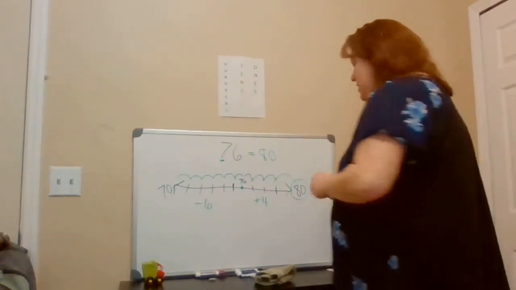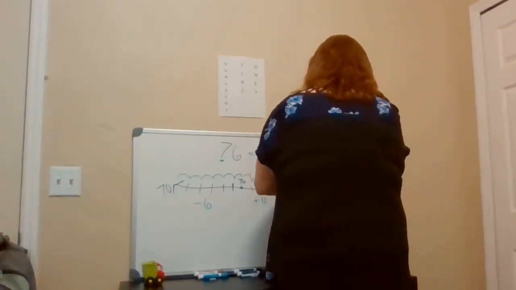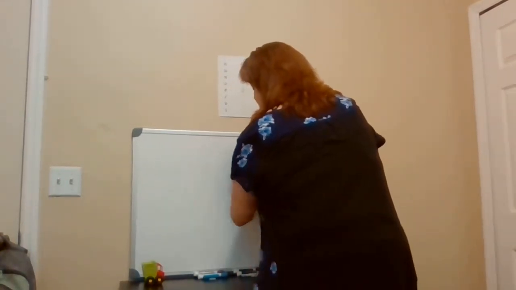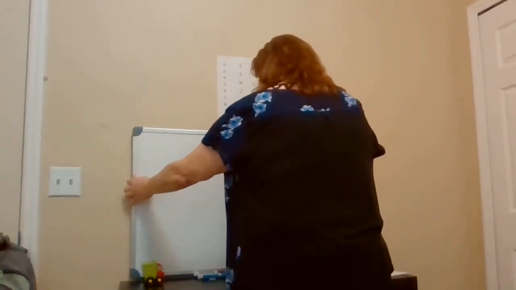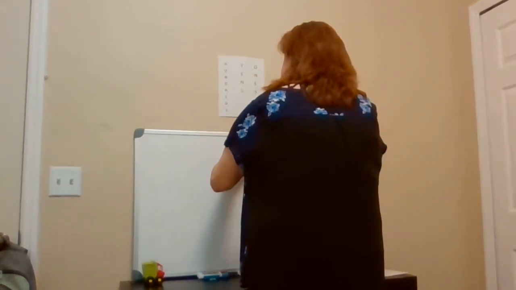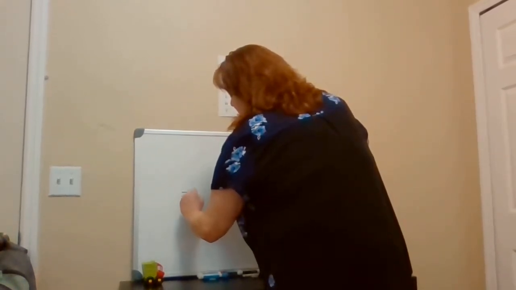Good. Okay, so I'm going to show you another way of looking at rounding. Now sometimes we can round by looking at a number this way. Say we had that same number 76, okay? So we can put our 76 here.